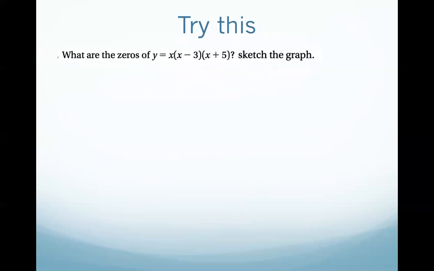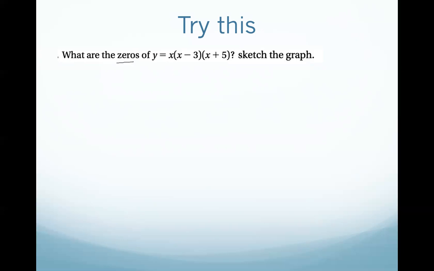What I'd like to do now is let you try it, but I want to front load a couple of things. First of all, if I were to rewrite this polynomial in order to solve for the zeros, we already know to solve for zeros, we need to set y equal to 0, okay? But we also then have to know how many factors we have.